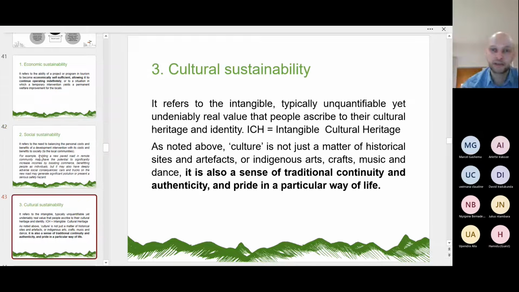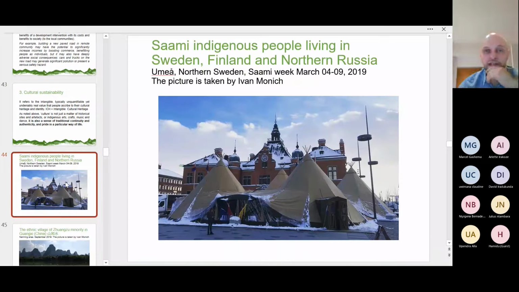Number 3, cultural sustainability. As I mentioned earlier, intangible cultural heritage is there. So cultural sustainability refers to the intangible cultural heritage. Let me share some examples of them. As I mentioned, Umeå University, it is located in northern Sweden, and they have a Sami Week festival, which is held once a year in March.